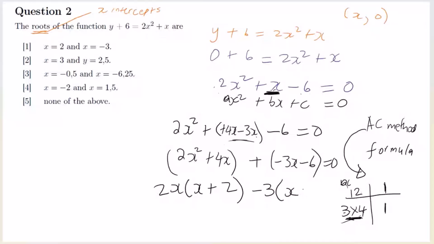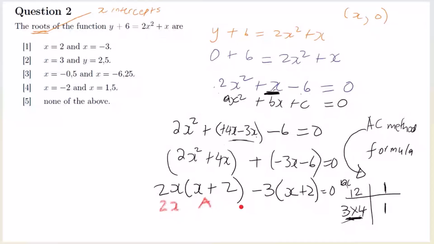Once you are there, you think of this as 2x times a, minus 3 times a, equal to 0. If you've got an equation like this, you would take out the a. So you're going to have a times (2x minus 3) is equal to 0.